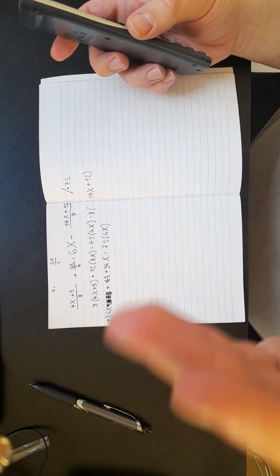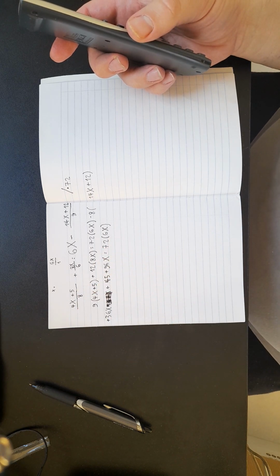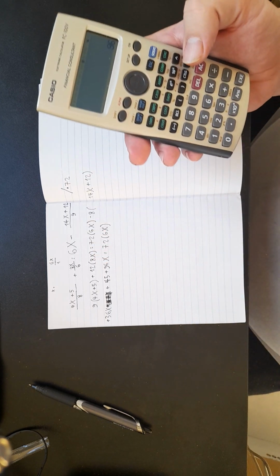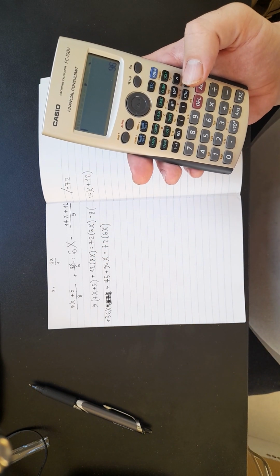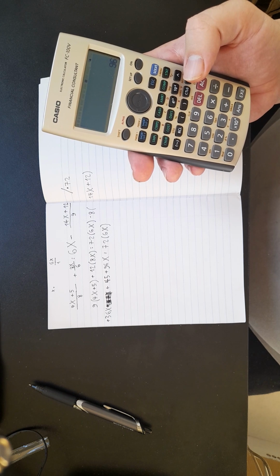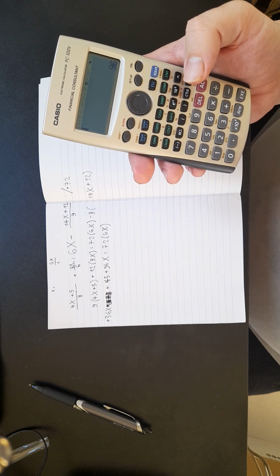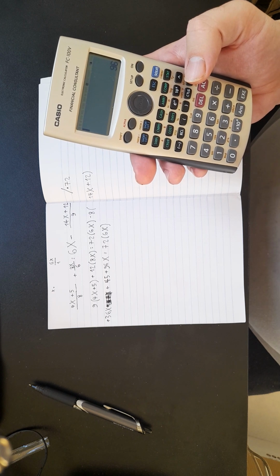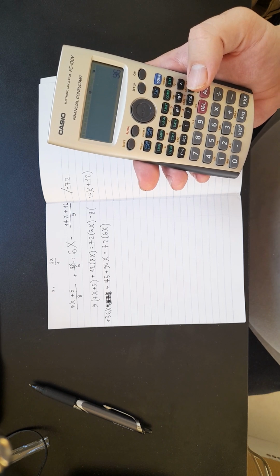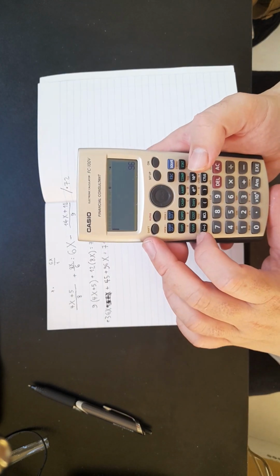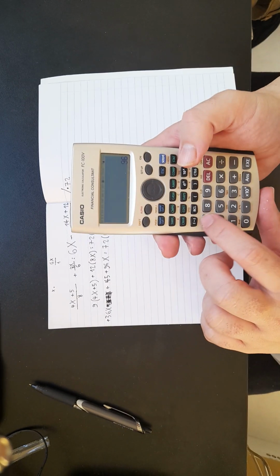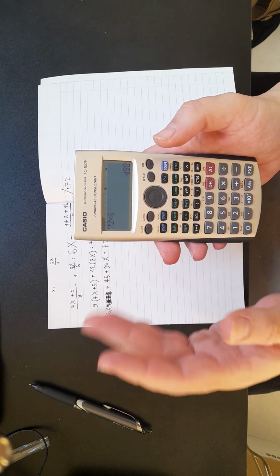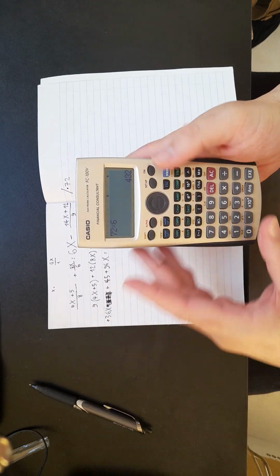I have to see how much 72 multiplied by 6x is. I think it's 432, but let me make sure. So 72 multiplied by 6x will be equal to, yes, 432x.